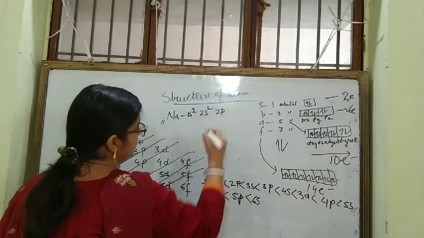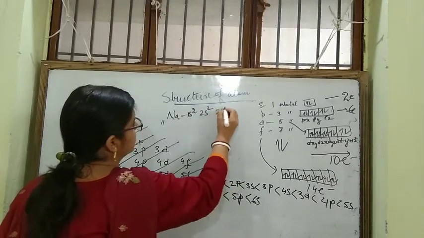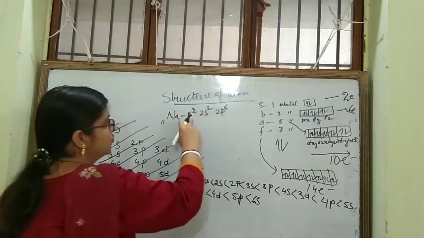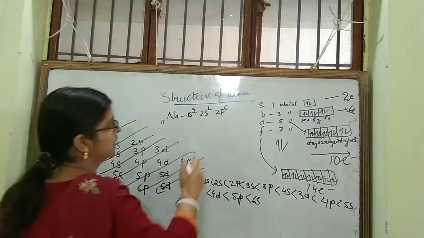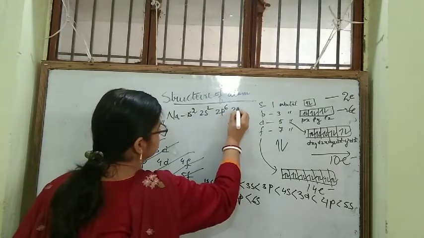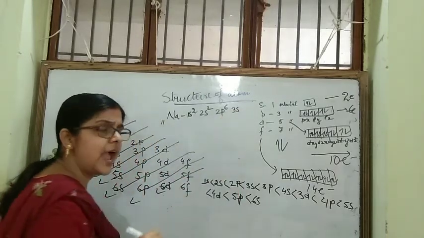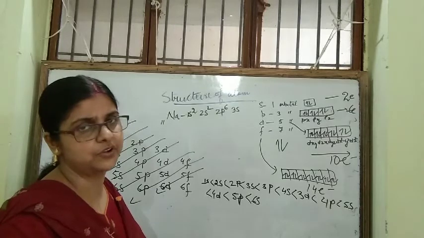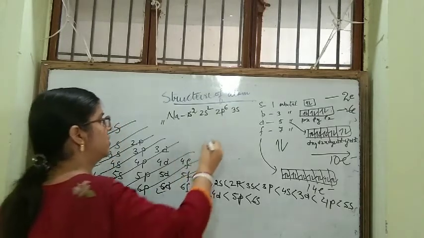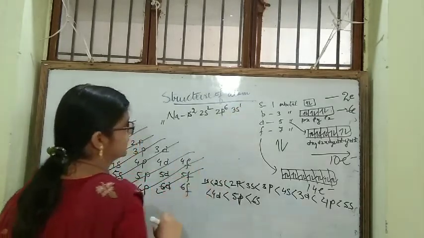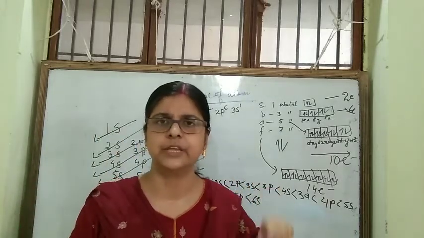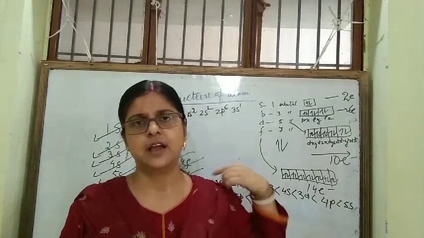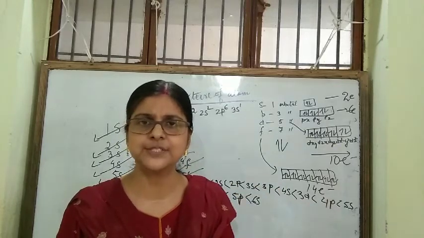Then 2p, how many can be accommodated? 6. 2 plus 2, 4 plus 6, 10. Then 3s, it can accommodate 2 electrons, but only 1 electron is left, so it will be like this. So the electronic configuration of sodium is like this. I hope you will be able to write.